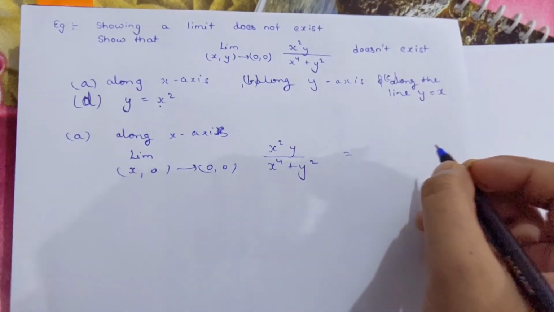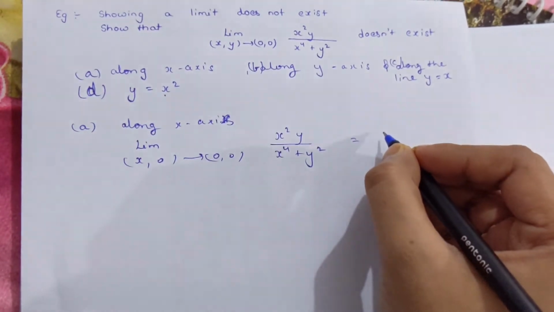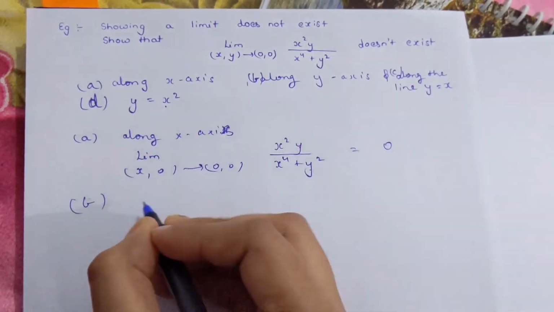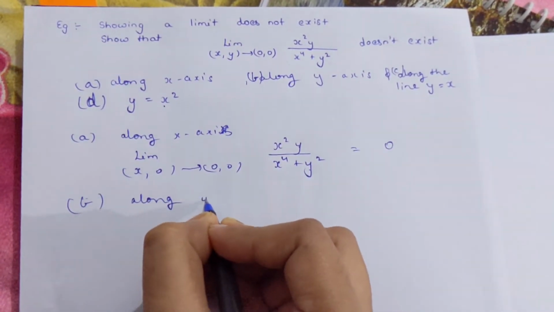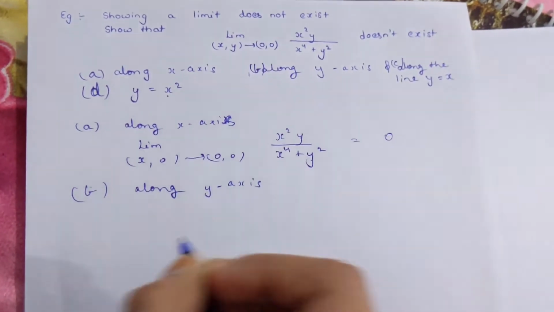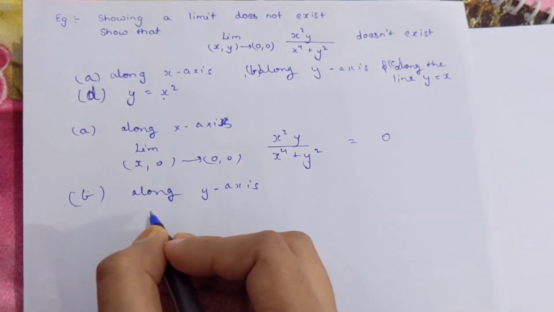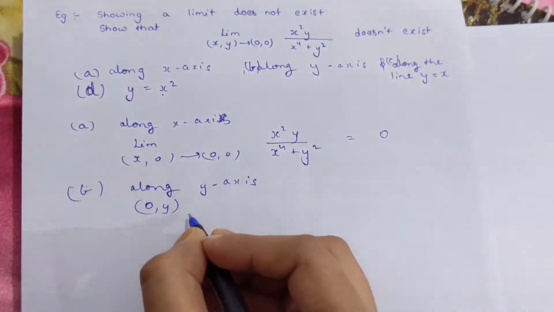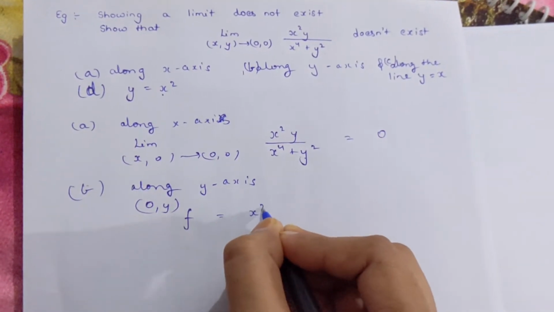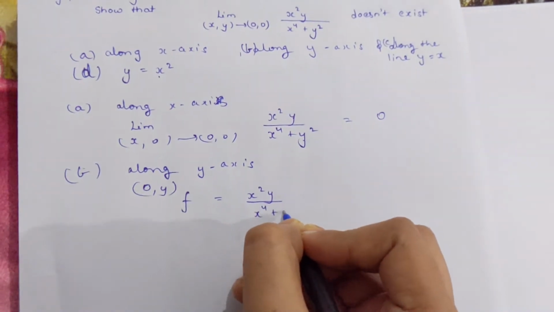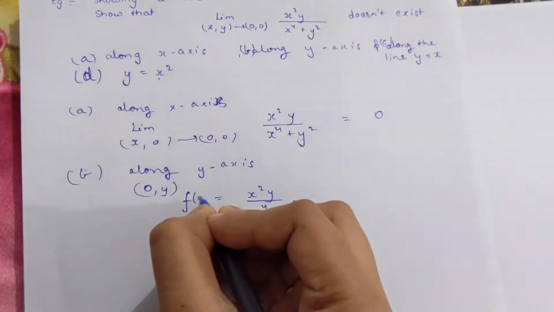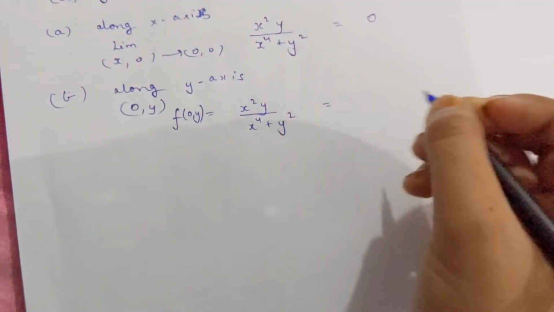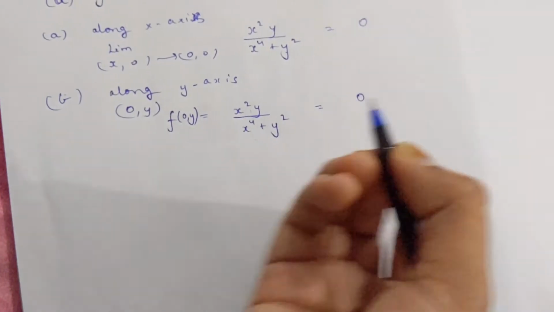We can solve it by putting the value of y. If we put 0 here, the answer will be 0 along the x-axis. Along the y-axis, again, we can consider the point 0 comma y. If in the function x squared y upon x to the fourth plus y squared we put 0 comma y, we'll find that it comes out to be 0 as well.